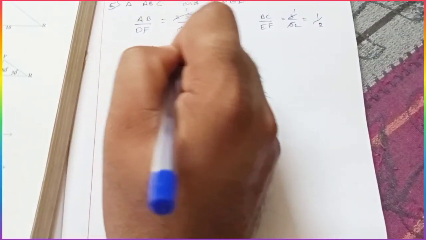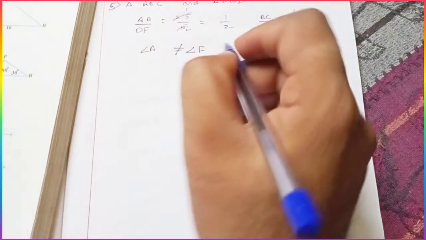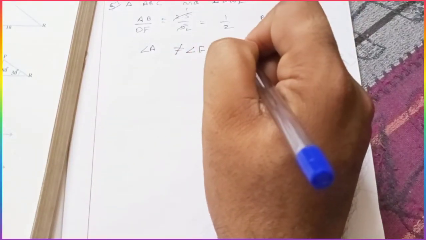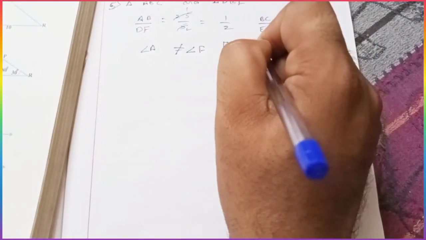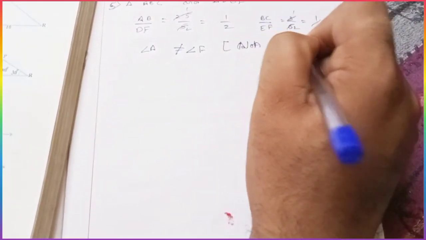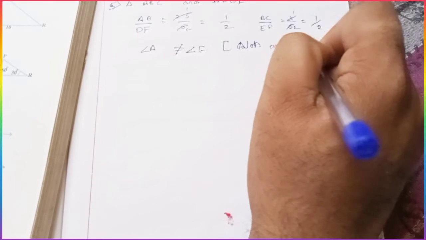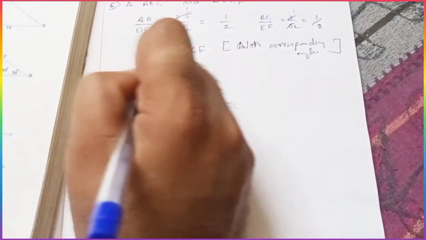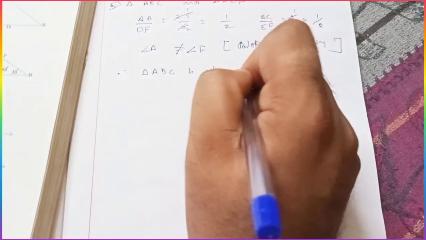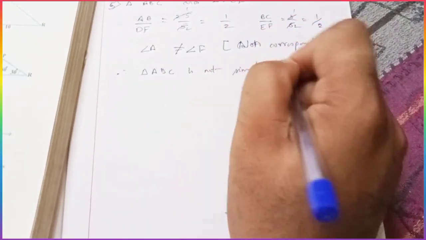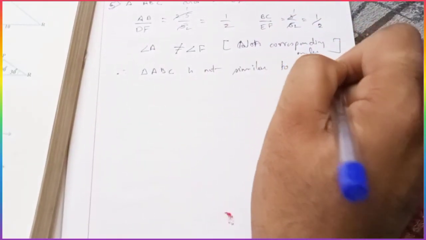But angle A is not equal to angle F. Why? Because they are non-corresponding angles. Therefore, triangle ABC is not similar to triangle DEF.